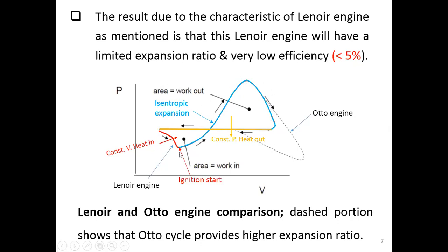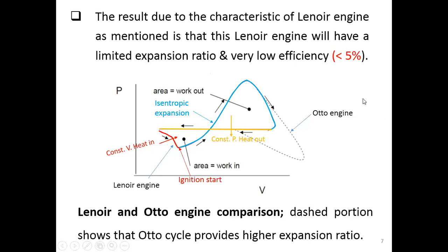In this diagram, you can see that the Lenoir engine has a very limited expansion ratio, from here to here. That results in a very low efficiency, less than 5% for this engine.